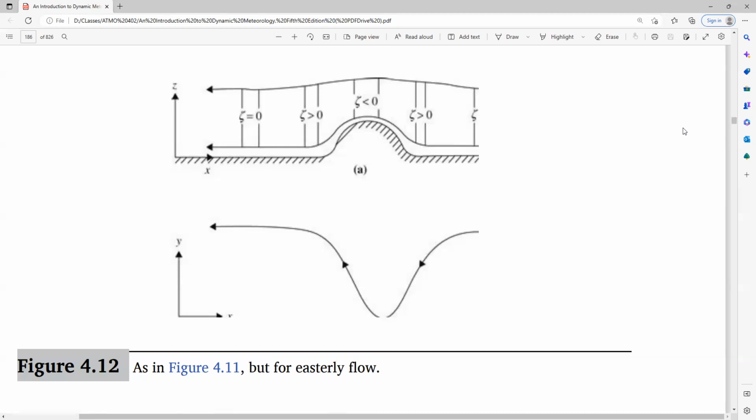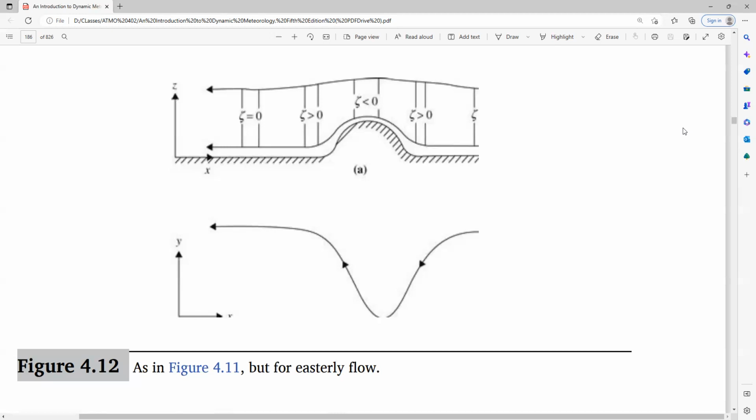So for the westerly flow, you will get oscillation. It cannot curve to the north and continue, it has to go back. Once we push it to the north, vorticity cannot be conserved, so it has to curve back to the south. Once you move to the south, it has to curve back to the north. So you will have oscillation.